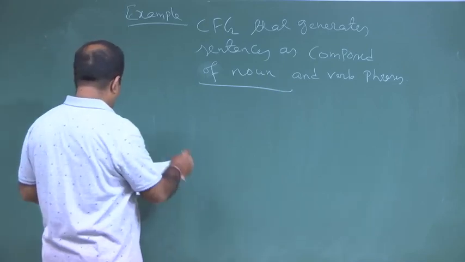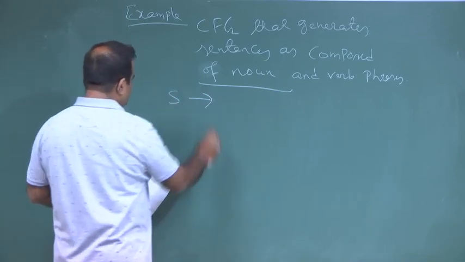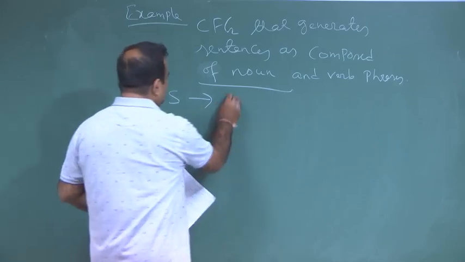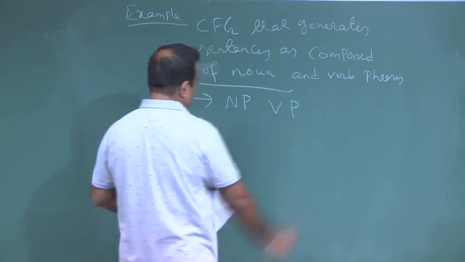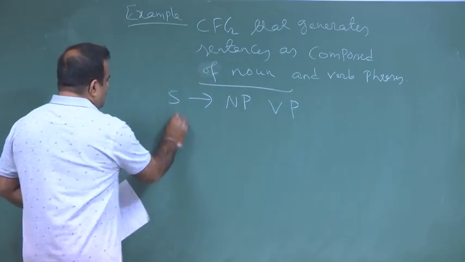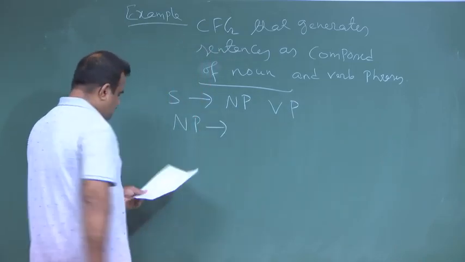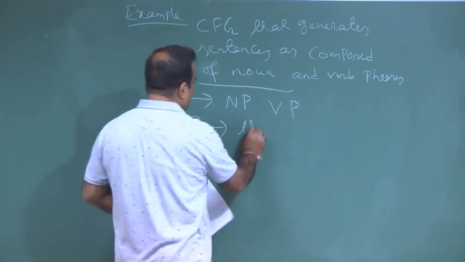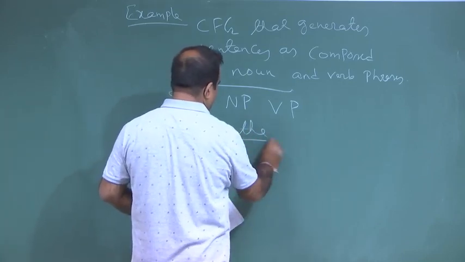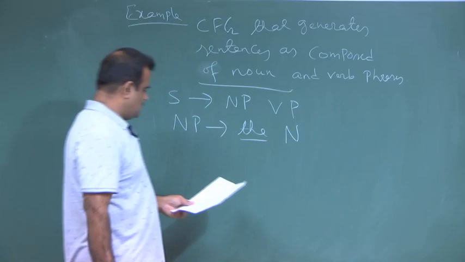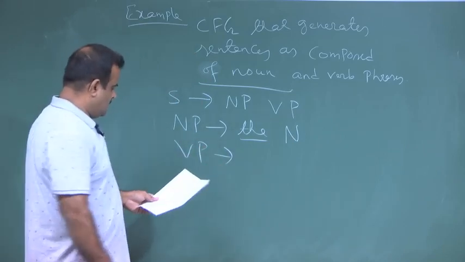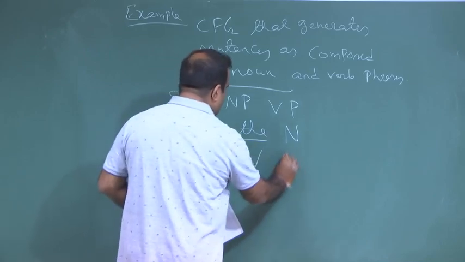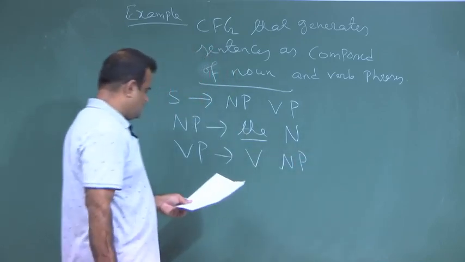So, let us draw: S is going to noun phrase, then verb phrase. Noun phrase can go to the and noun, and the verb phrase goes to verb then the noun phrase.